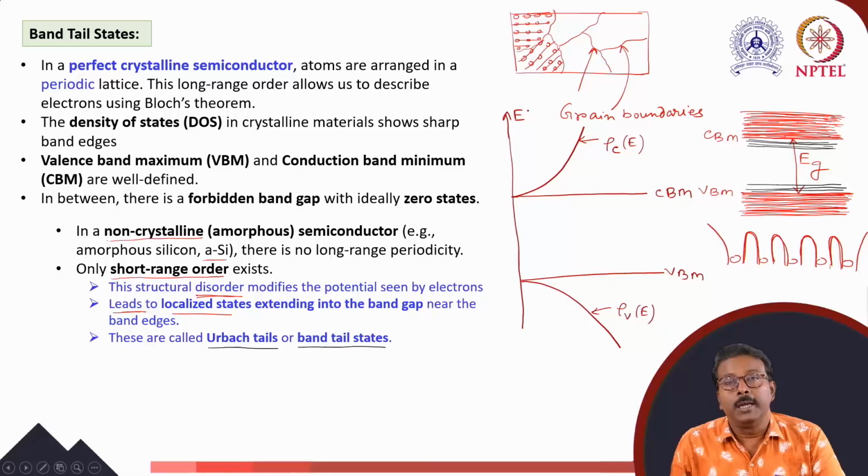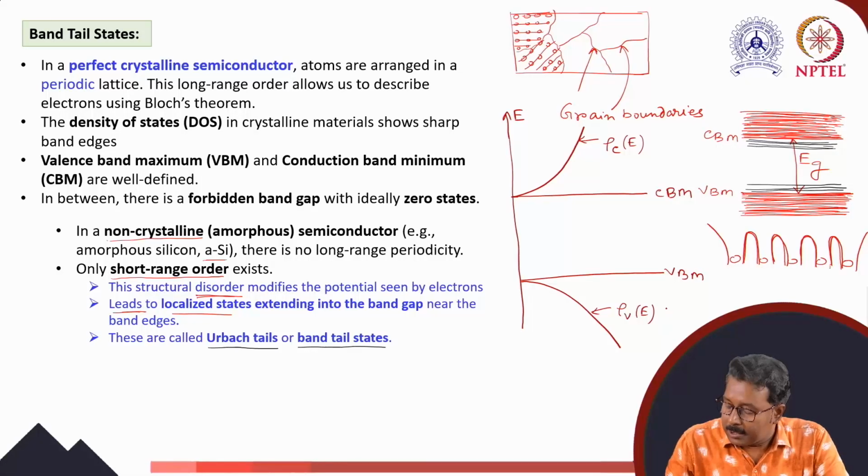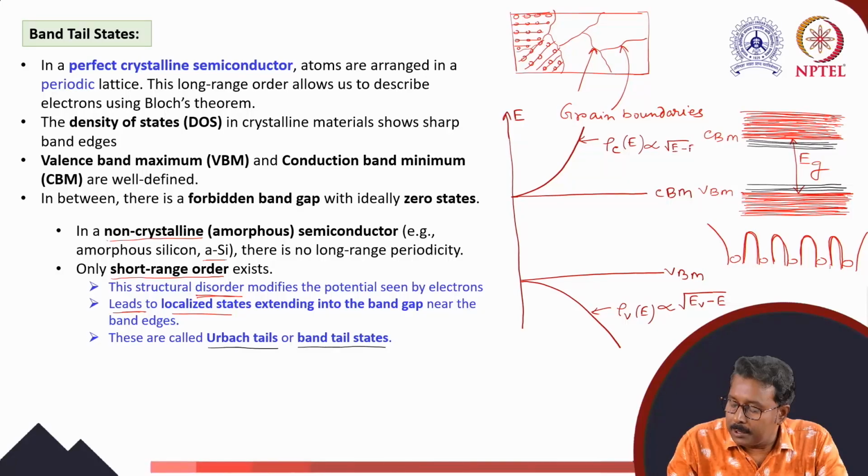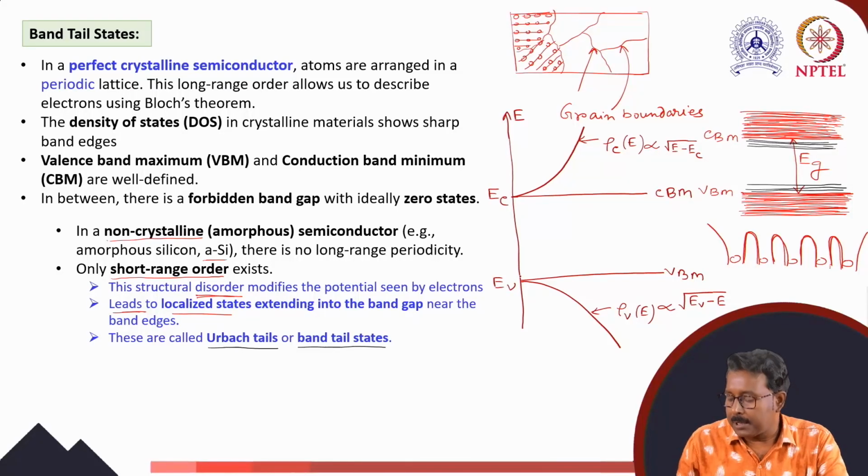Along the y-axis, energy is plotted. This is proportional to the square root of EV minus E, and this is proportional to the square root of E minus EC. EC is nothing but the conduction band minima energy, and EV is the valence band maxima energy.